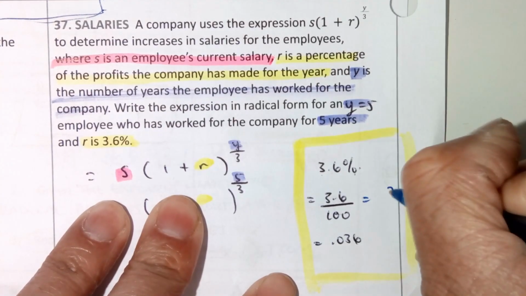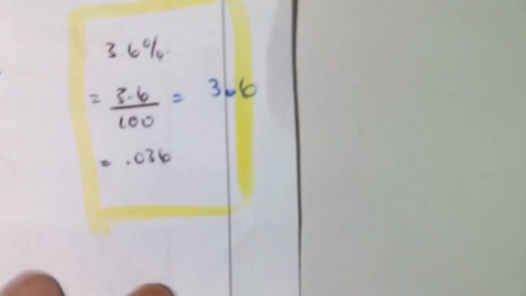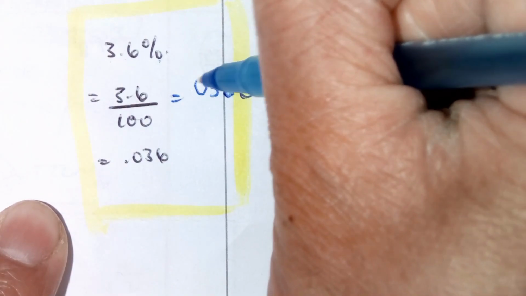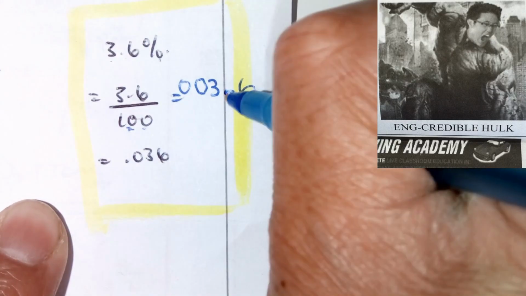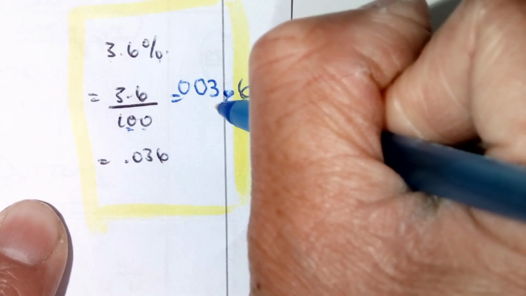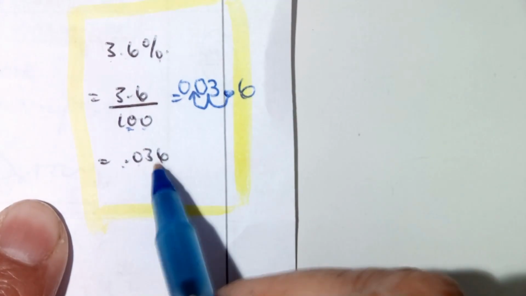If you want to do that by hand, you just type in 3.6, add a couple zeros to the left because 3.6 over 100 is a very small number. And then you have 2 zeros here, so then I'm going to move it 2 place values to the left. And that's how I get 0.036.